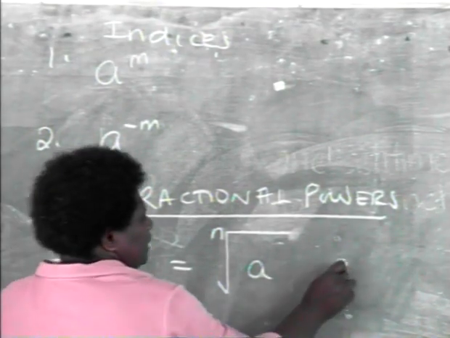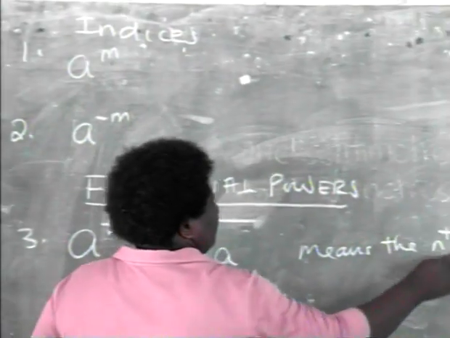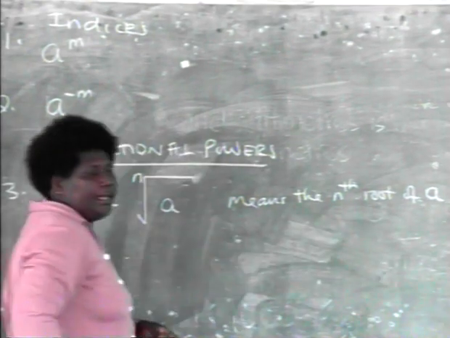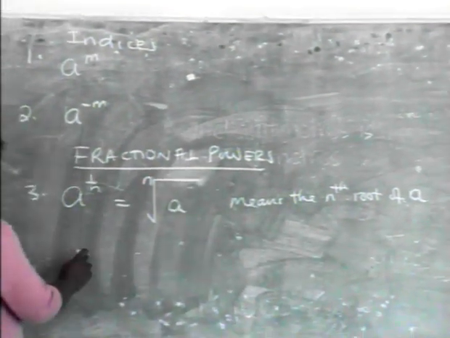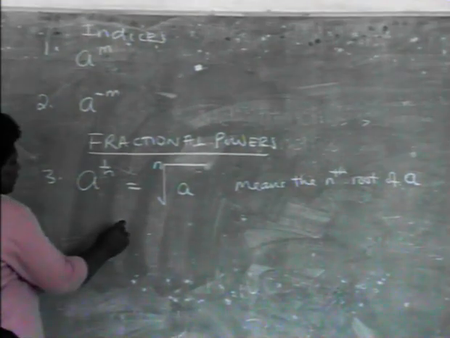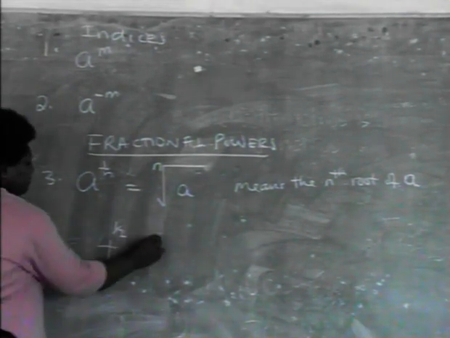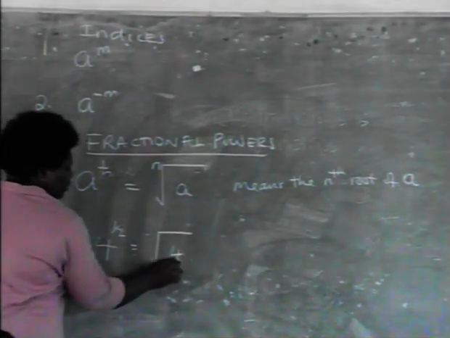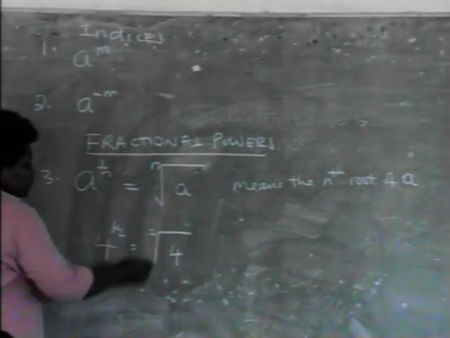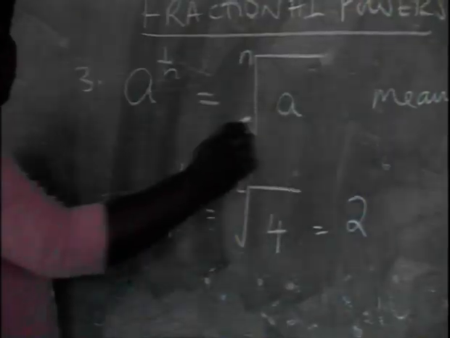So this means the nth root of the number A. Let's say the number is 4 and I am raising 4 to the power of a half. That means the square root of 4, which is 2.